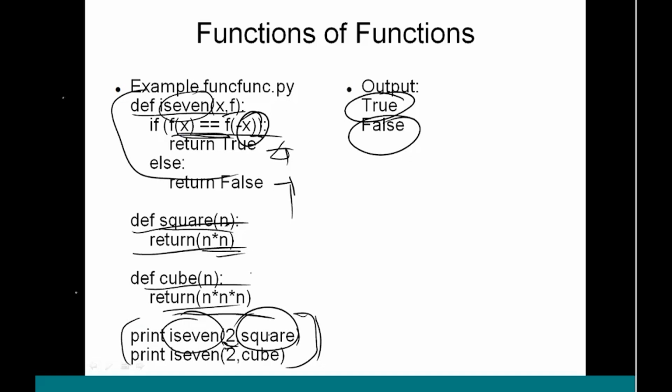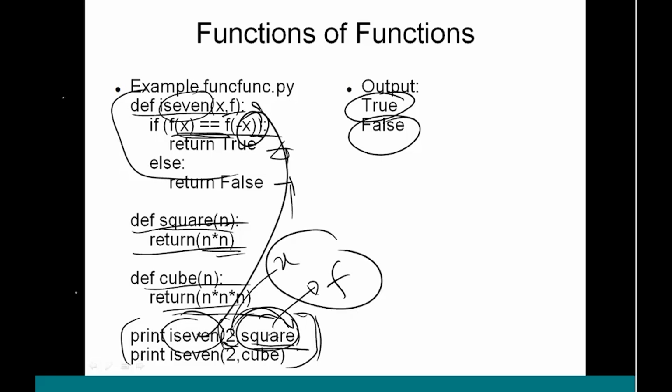For square you need only one number. So it knows that it's a square and passes this number into that square, computes the answer, and 2 becomes x, square becomes f, and then is_even is evaluated with these numbers, and it comes up with this answer.